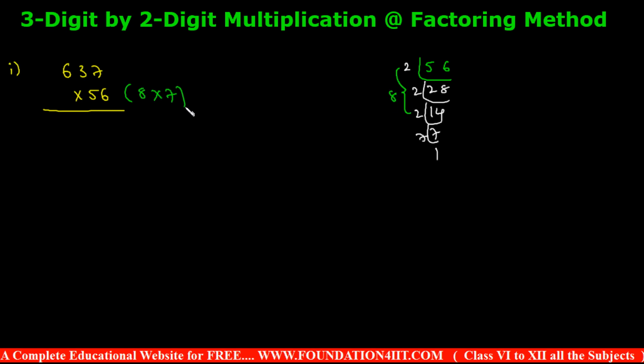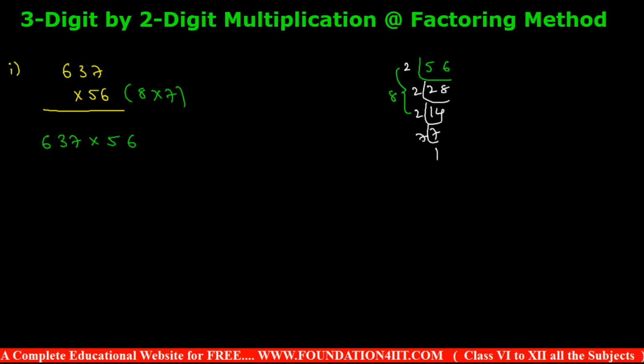So up to single digit product you can write. If any number is given to multiply, make the 2-digit number into a product of 2 single-digit numbers. Instead you can write 14 into 4, but 14 is again a 2-digit number, right? So make it into a product of 2 single digits. Now you can multiply 637 into 56.